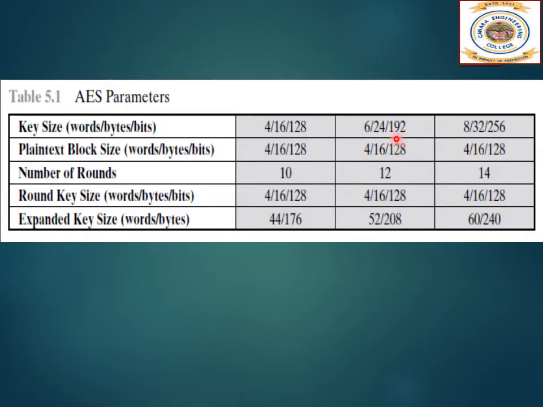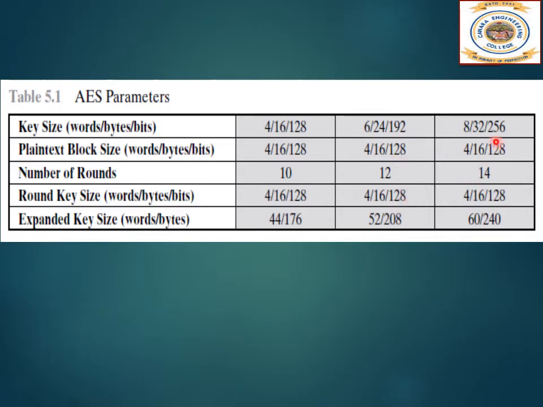If we take the key size as 192 bits, then the plain text size is the same, 128 bits. The number of rounds increases to 12, and the expanded key size will be 52 words or 208 bytes. The round key size is the same as the plain text, 128 bits.